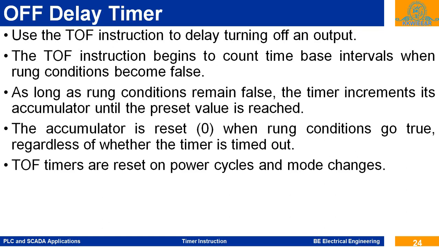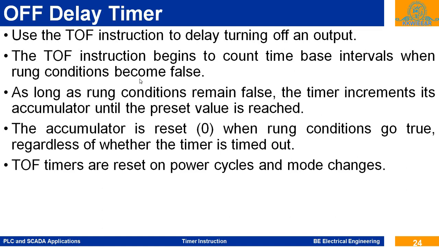Based on the time set in the preset value, after that particular set value your lubricating pumps are turned off. So the T off instruction is used to delay turning off an output. The T off instruction begins to count time intervals when the run condition becomes false.